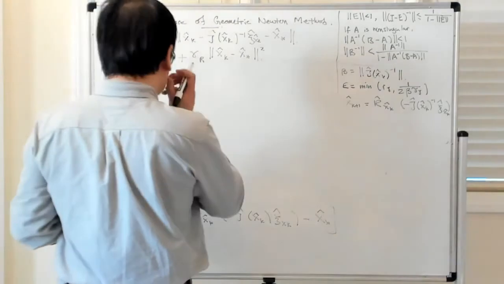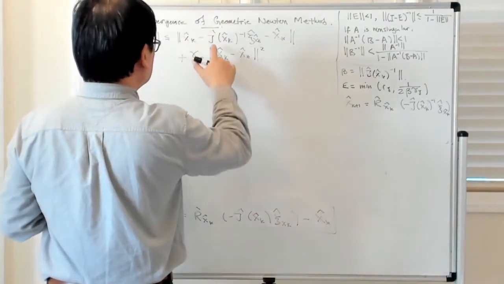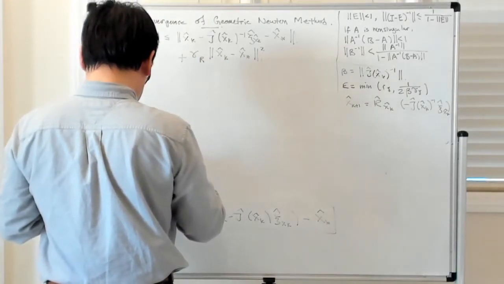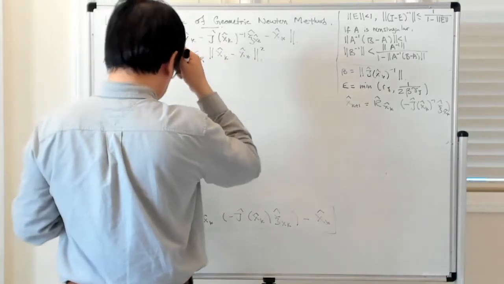And then we're going to pull out an inverse of the Jacobian.